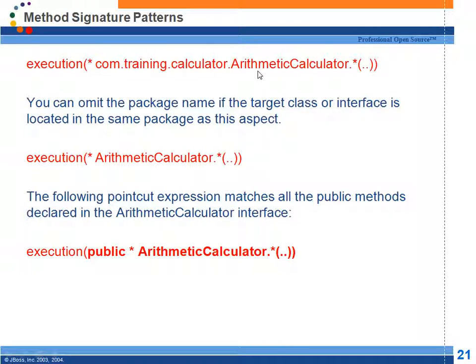But using annotations, if this aspect class is in the same package as the target class, ArithmeticCalculator, you can avoid the package name. That is the advantage, right? And here also we are avoiding the package name because ArithmeticCalculator is in the same package as the aspect class.